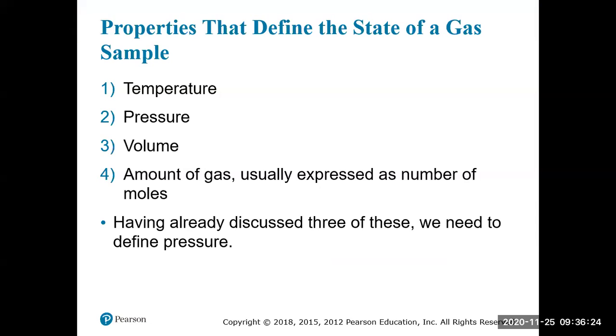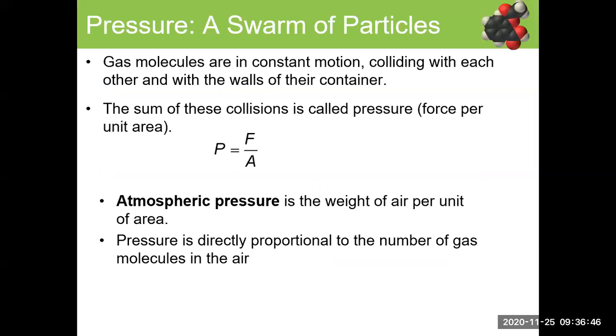When we talk about gas, we usually talk about the number of moles. In the past, we've talked about temperature, volume, and moles of stuff. So we're going to focus a little bit more on pressure, because we haven't talked about pressure much.